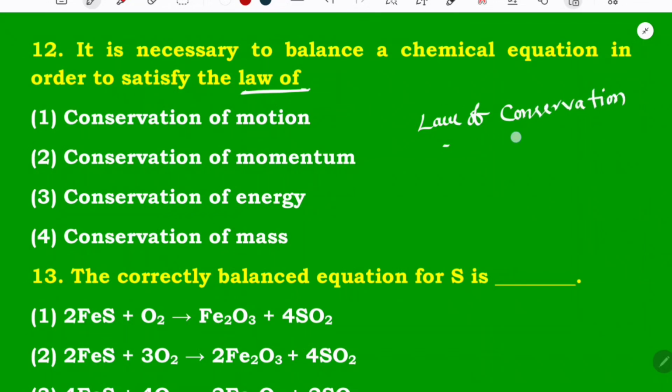This means mass can neither be created nor destroyed. We cannot create mass and we cannot destroy mass. So the answer is law of conservation of mass. This is the correct answer. According to this law, the number of atoms on the reactant side is the same as the number of atoms on the product side. So okay. Next.